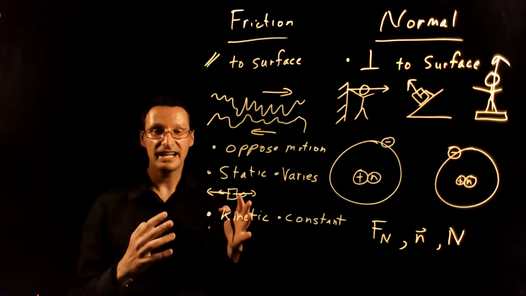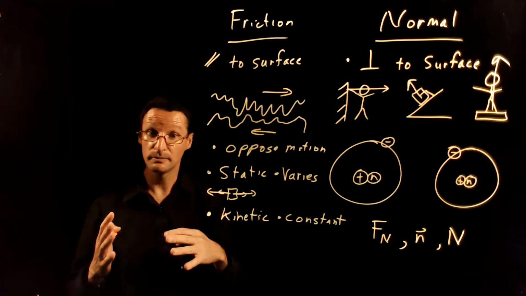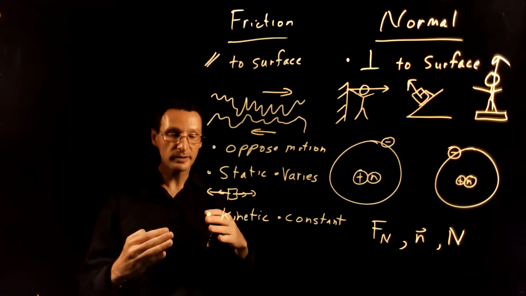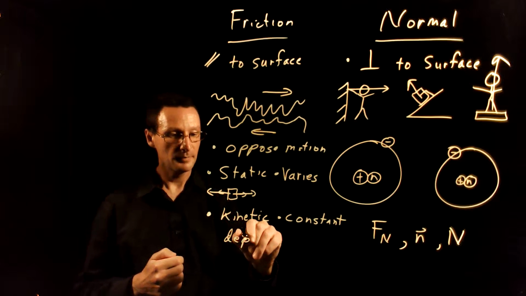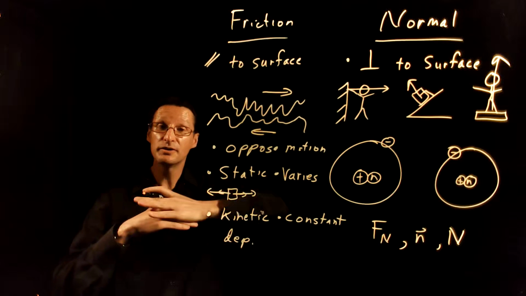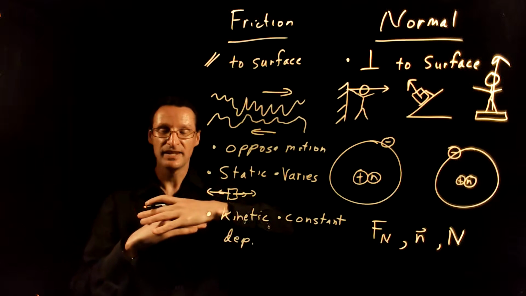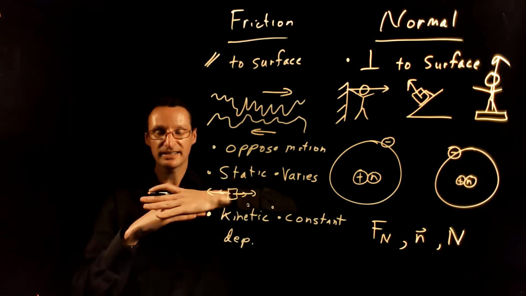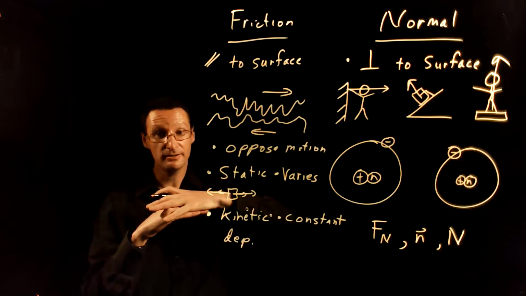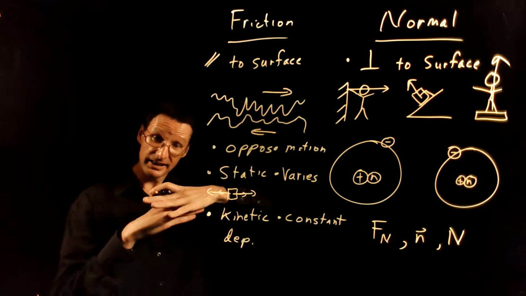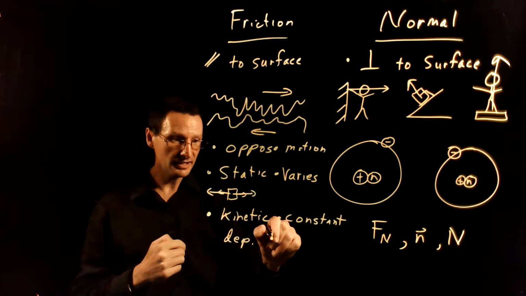Of course, you probably noticed that heavier boxes are more difficult to move than lightweight boxes. And the reason for that is that the force of kinetic friction depends on how hard the two surfaces are pressed together. And heavier objects are going to be pressed against the floor with a greater force than lighter objects. And that force that they're pressed together with is actually the normal force.